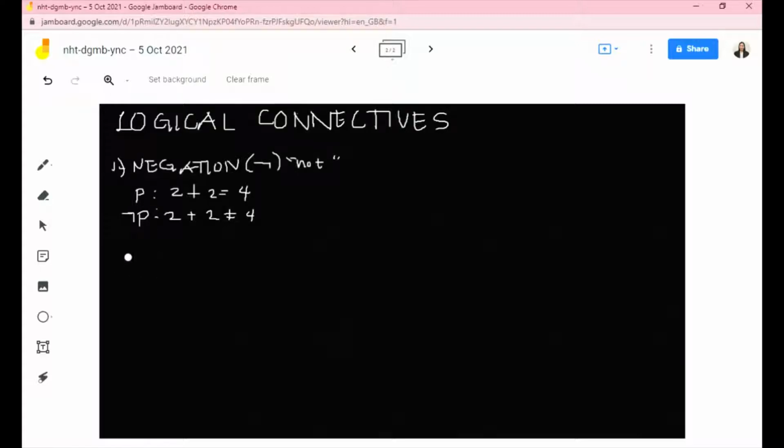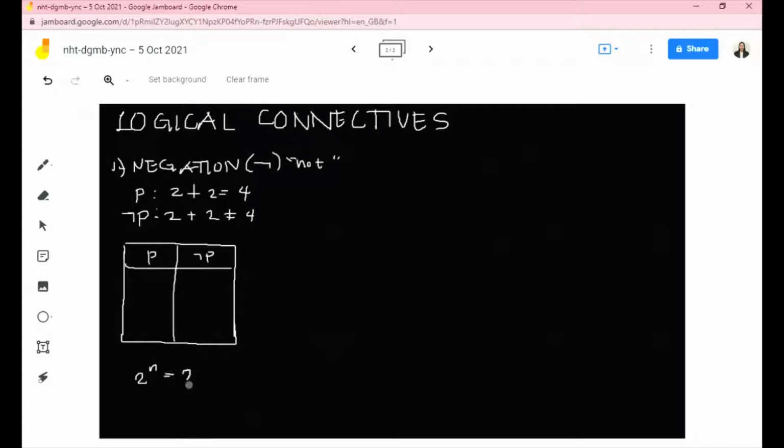Now how do we look for the truth values of the negation? Let's consider the truth table. We only have one variable here. So how many rows will we be making? That is simply given by the formula 2 raised to n. 2 is the base, that's constant, and n is your number of variables.